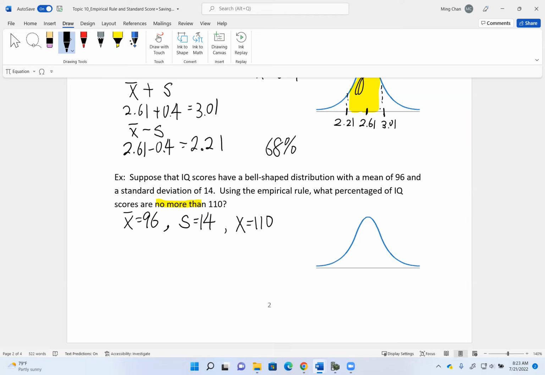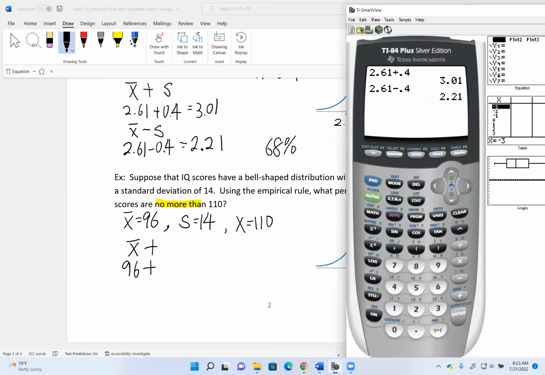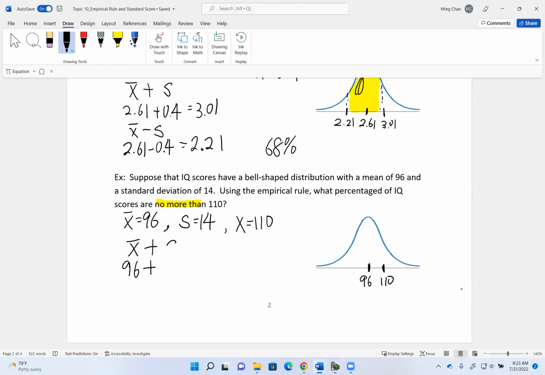The mean is 96, and 110 is to the right, so we just need to figure out how many standard deviations away 110 is from the mean. 96 plus standard deviation 14 is 110, so there's only one standard deviation to the right.